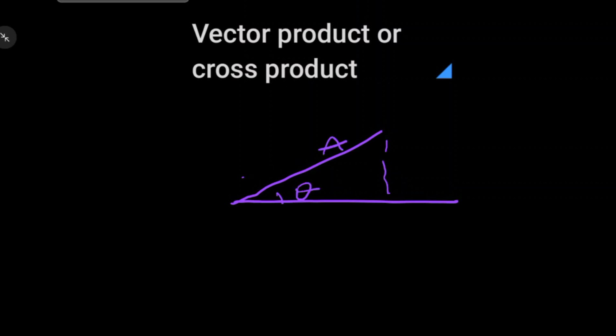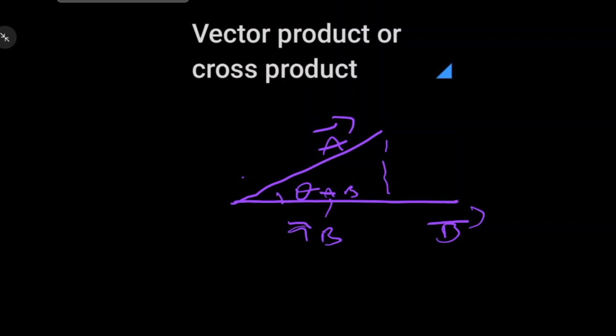So I'll have a vector A, I'll have vector B. This is in the B direction, right? This theta here is theta AB. So let's start with the scalar component.